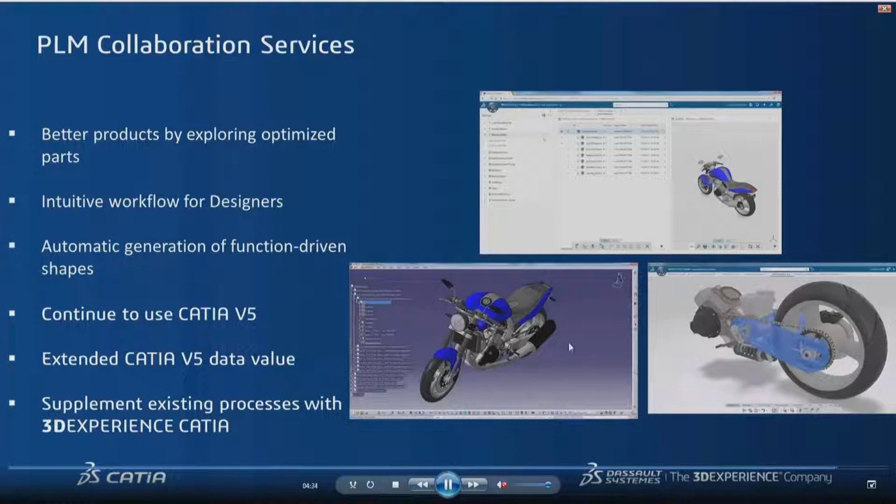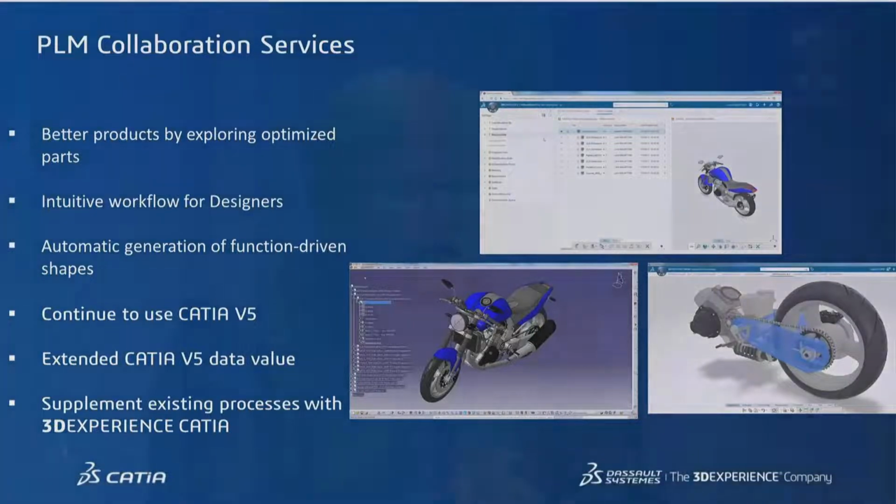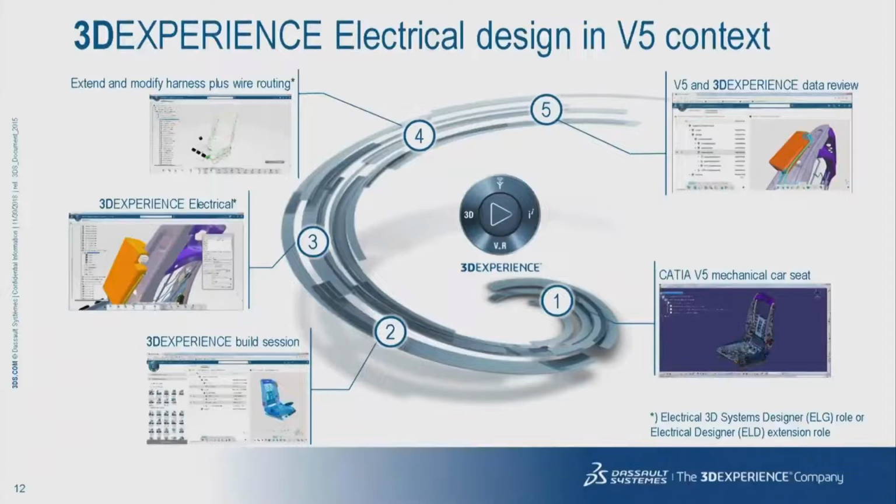So let's move on and look at another process. This time we'll look at the electrical design process. And the stages in that will be, we start again with a CATIA V5 mechanical car seat. We'll then build a 3D Experience session.